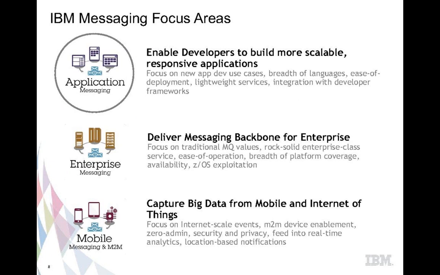Not just this, using the MQTT protocol, you can even enable your mobile devices to send and receive messages with the MQ queue manager. So we have two offerings: one is for enterprise-wide messaging, and one is mobile messaging and M2M.